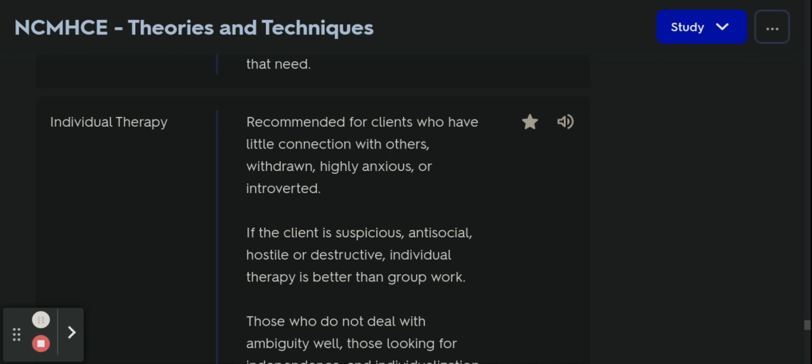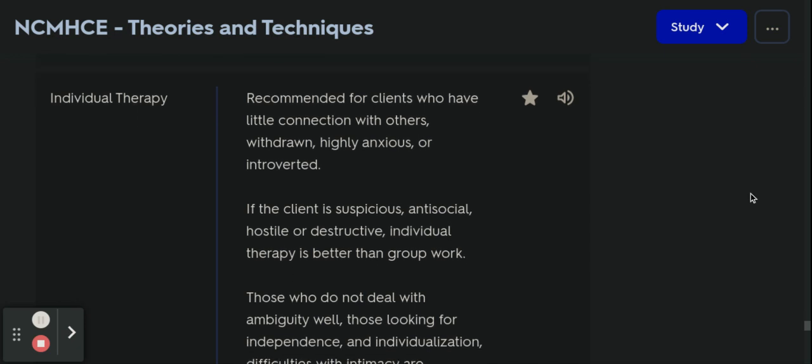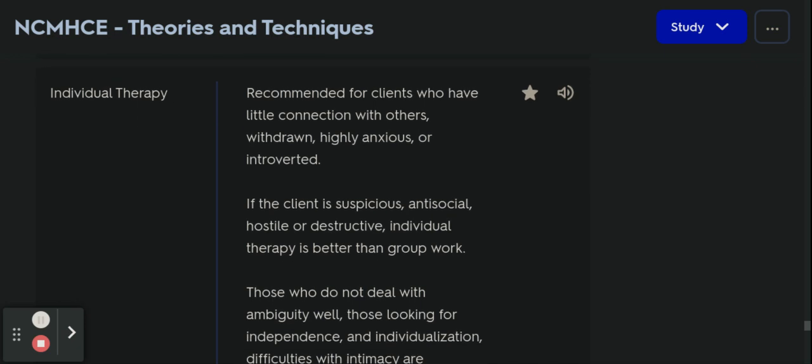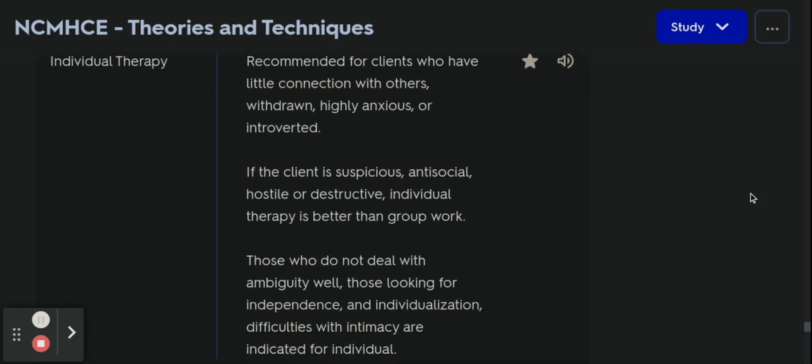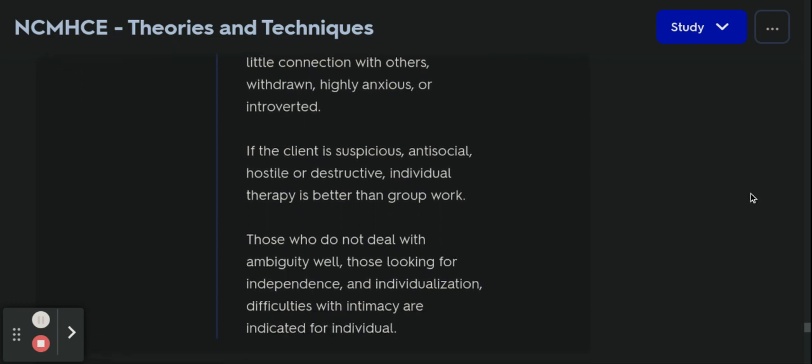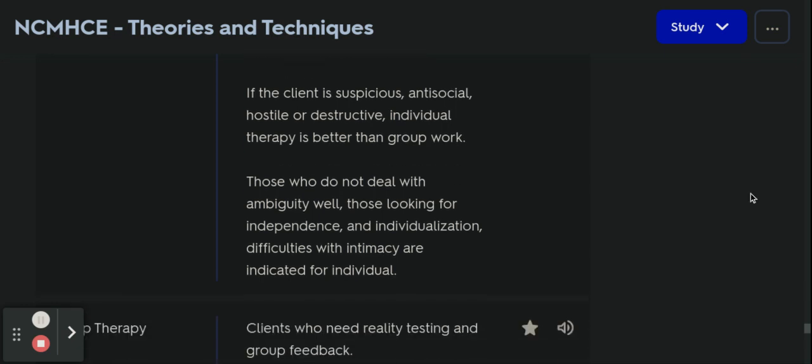If the client is suspicious, antisocial, hostile, or disruptive, individual therapy is better than group therapy. Those who do not deal with ambiguity well, those looking for independence and individualization, and those with difficulties with intimacy are indicated for individual therapy.